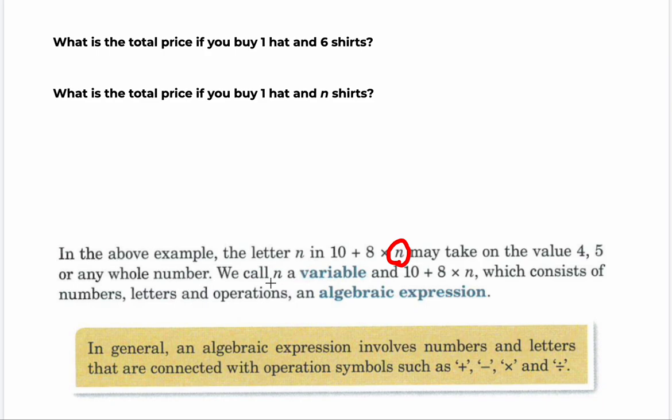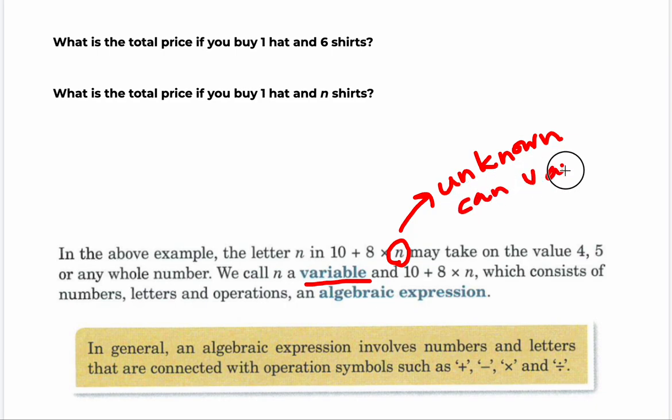We call the N a variable instead of saying letter, and we call it a variable because this unknown amount can vary. It can change depending on the situation. It can one moment be 1 shirt and another moment be 10 shirts. So that's why we call it a variable.